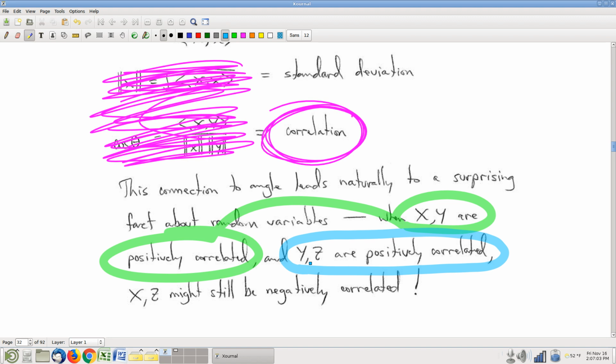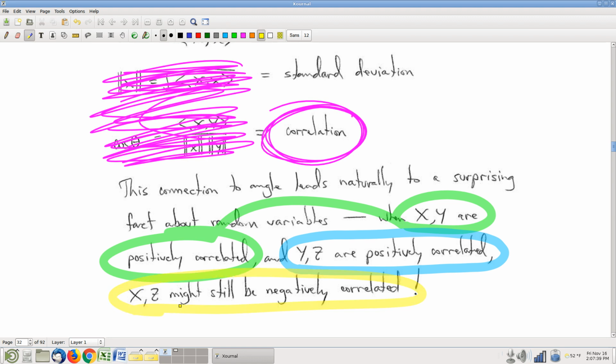If, as x tends to get bigger, y also tends to get bigger, and if, furthermore, as y tends to get bigger, z also tends to get bigger, wouldn't you think, by transitivity or something, that x getting bigger would tend to make y bigger, which would tend to make z bigger? Wouldn't you think bigger x would suggest bigger z? Wouldn't you think that x and z would have to be positively correlated?